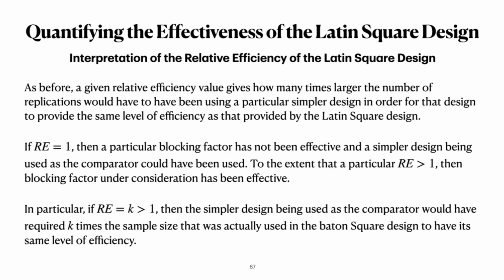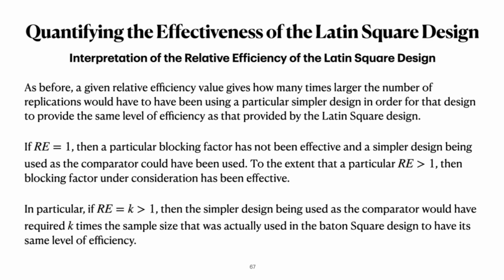If a particular relative efficiency is equal to 1, then the blocking factor under consideration has not been effective, and the simpler design being used as the comparator could have been used. To the extent that a particular relative efficiency is greater than 1, then the blocking factor under consideration has been effective. The greater the relative efficiency value, the more effective the blocking factor has been.